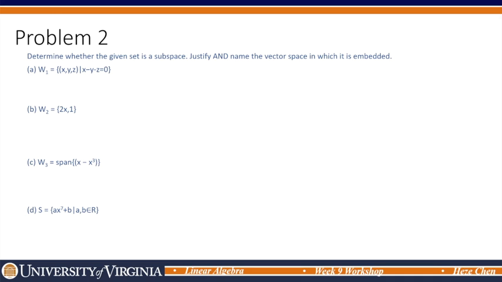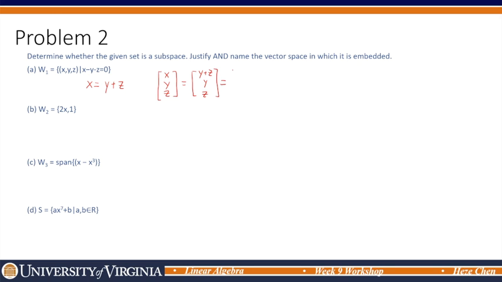Part A. W contains all the vectors (x, y, z) where x minus y minus z is equal to 0, which means x will always be equal to y plus z. We can rewrite the vector (x, y, z) as (y plus z, y, z).